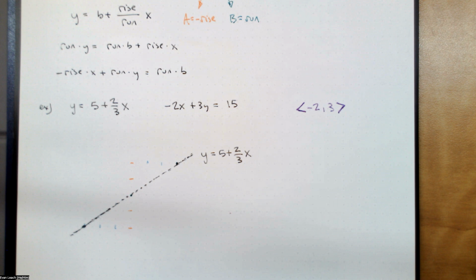So -2, 3. I'm going to draw that vector along with this line. What is going to happen? Predict. This is one of the cases where predicting is going to be more energy than reacting. What is this vector going to be relative to this line? How are they going to look?